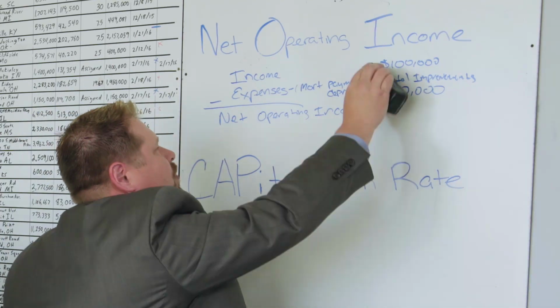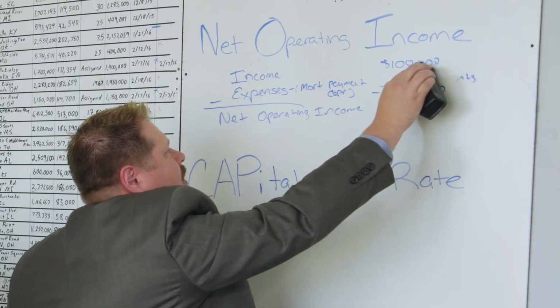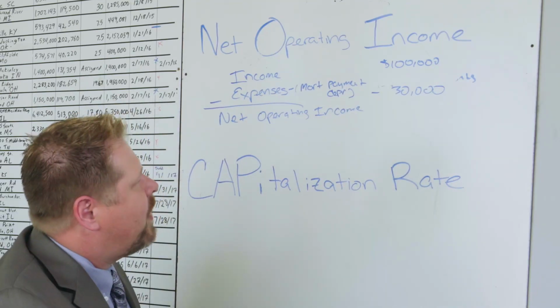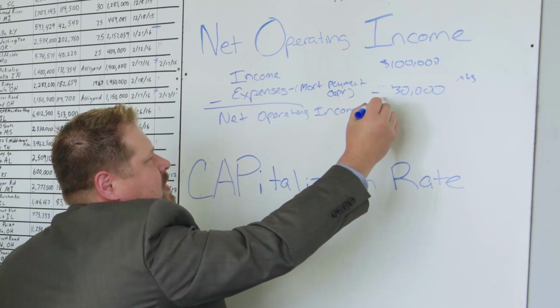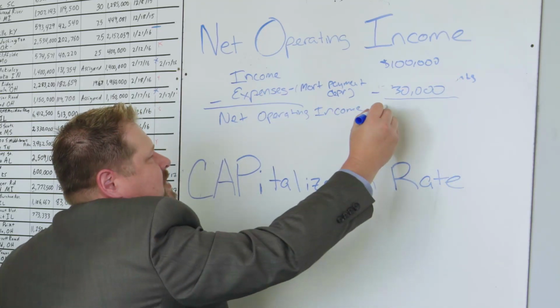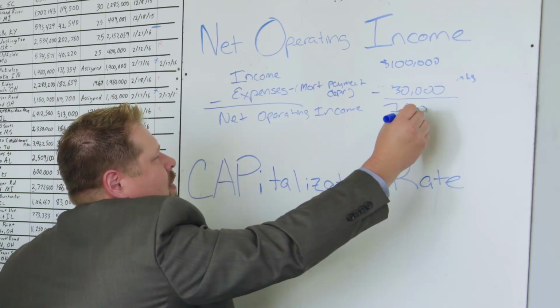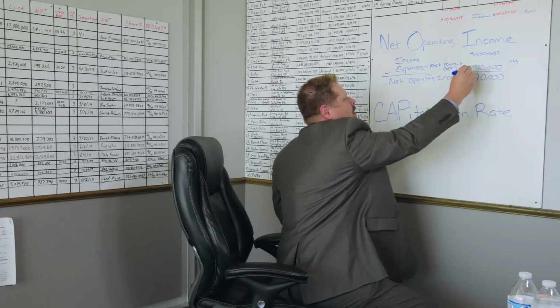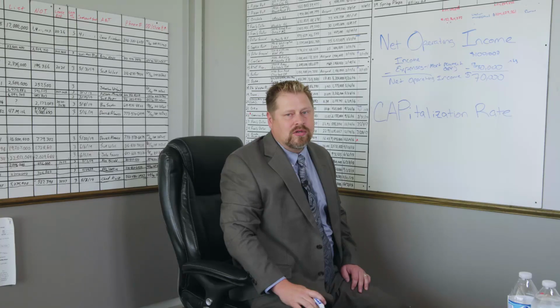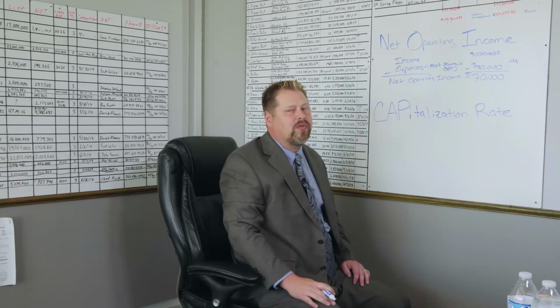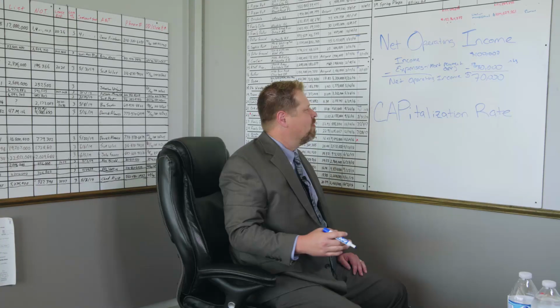And we'll get our capital improvements out of the way because we're not going to put them in there anyway. So $100,000 worth of income minus $30,000 worth of expenses equals $70,000 of net operating income. And that's how that works. Very simple concept, but very important that you understand it for what we're going to go through later on.